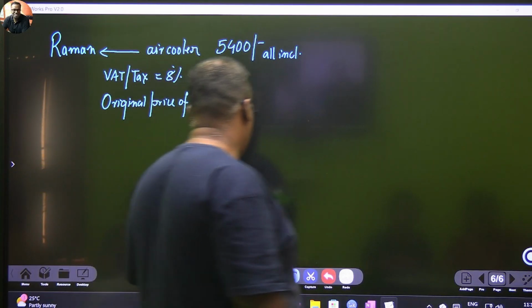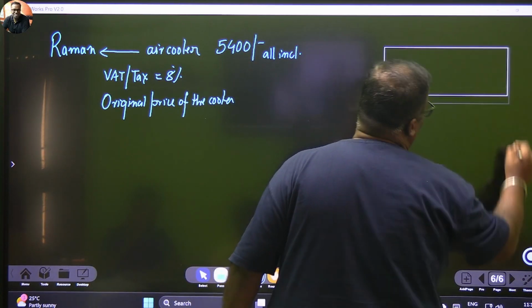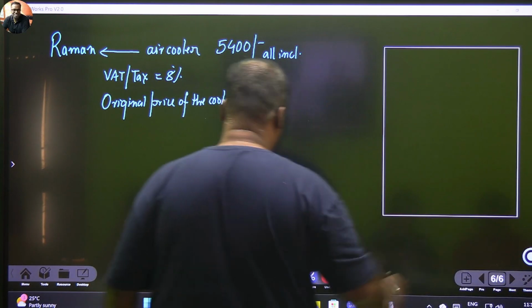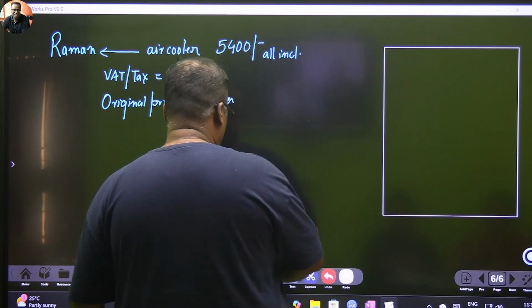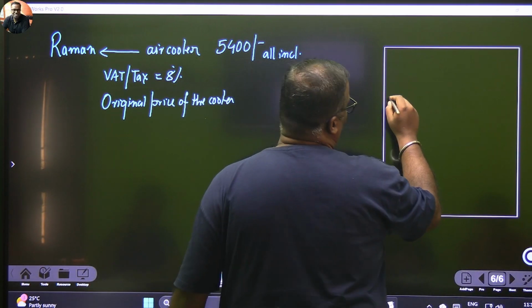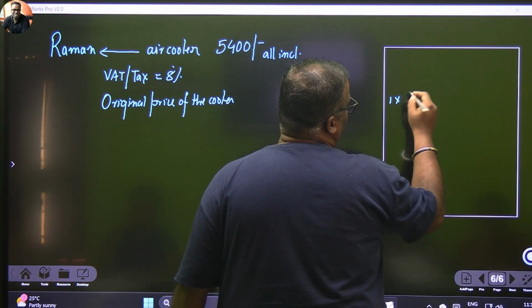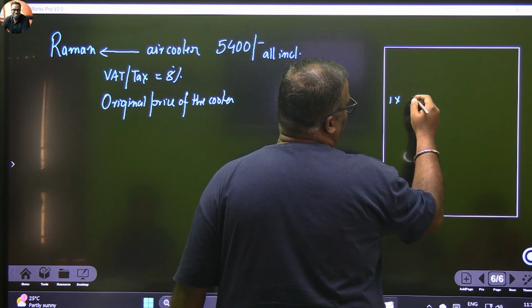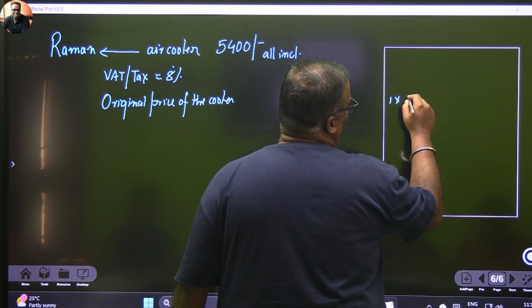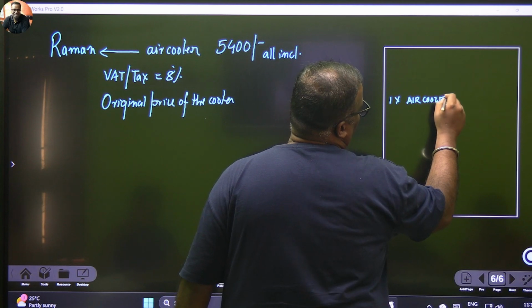Let's have a look at the bill. The bill for this transaction will be a bill like this, where obviously the date will be mentioned. So and so enterprises, so and so date. So we will write 1 into air cooler, and all the specs will be mentioned.